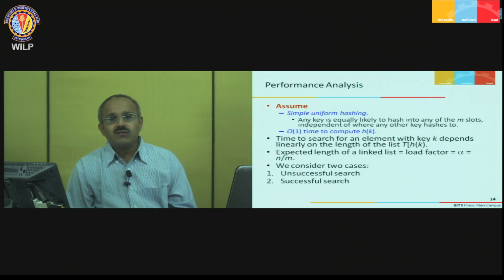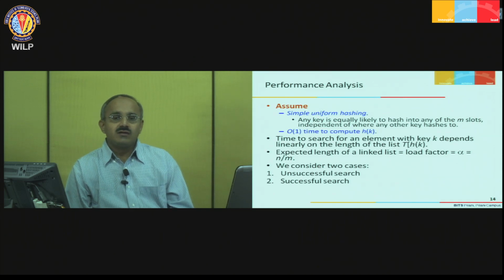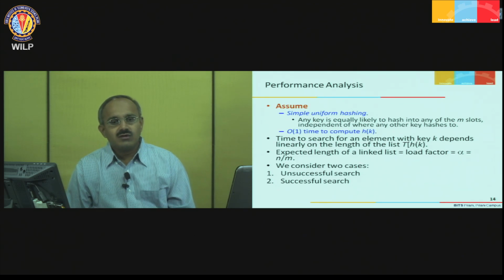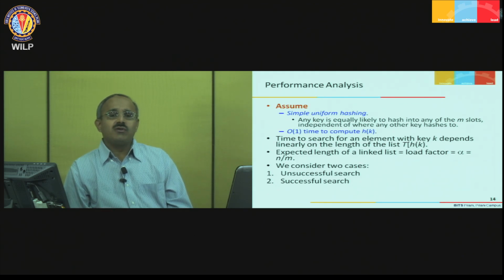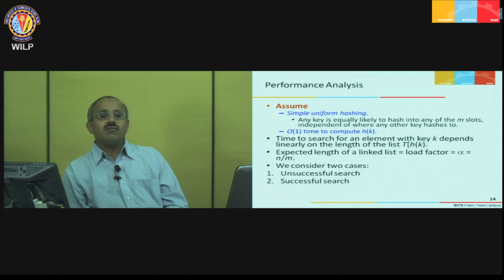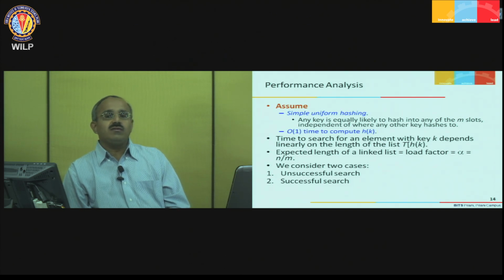For this analysis, we are going to assume that our scheme is simple uniform hashing, that is, any key is equally likely to hash into any one of the m slots. That means your input is random and your choice of m is also random. That means you take any key, the probability that it will go to any one of the slots is the same, independent of where the earlier keys have been hashed to. We say such a scheme is a simple uniform hashing scheme.